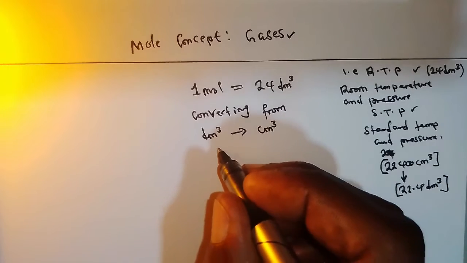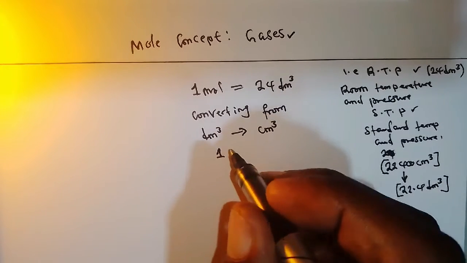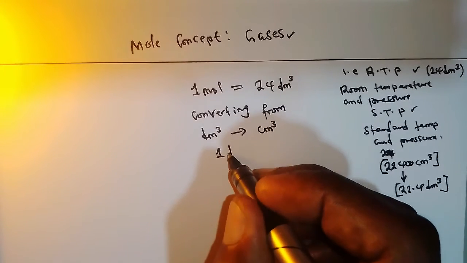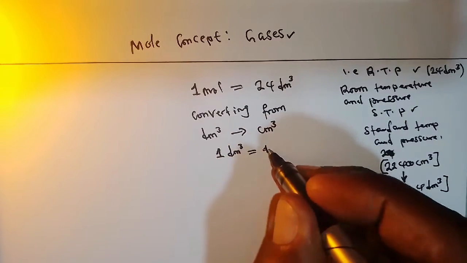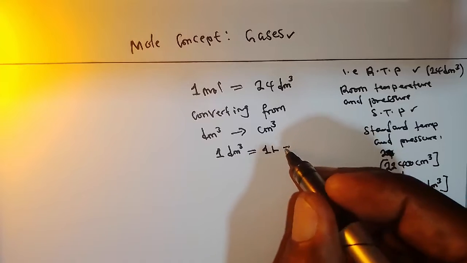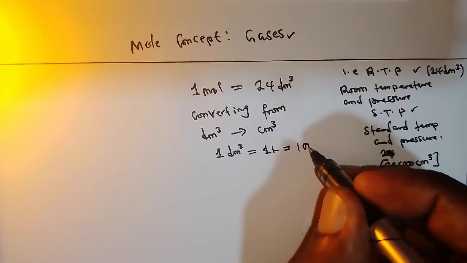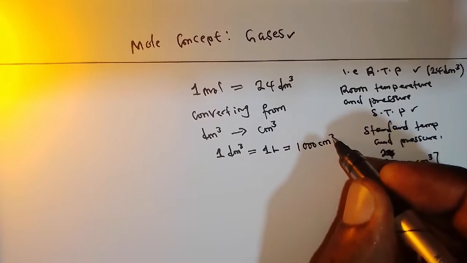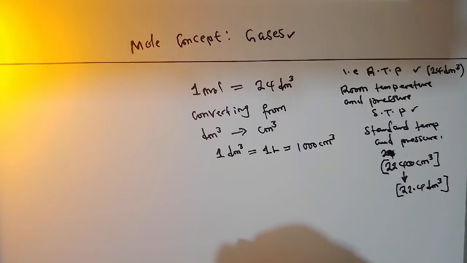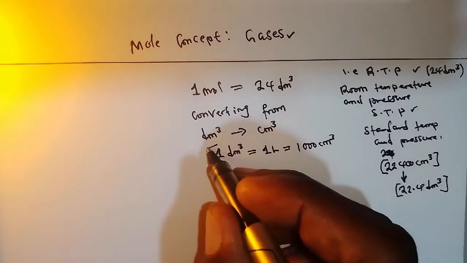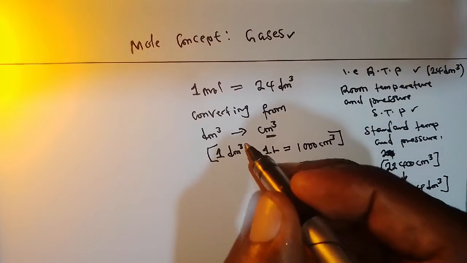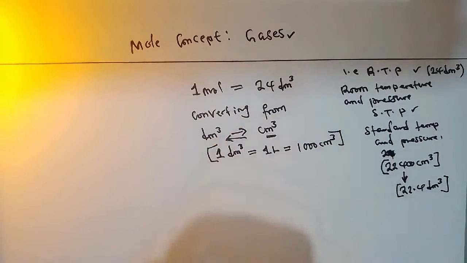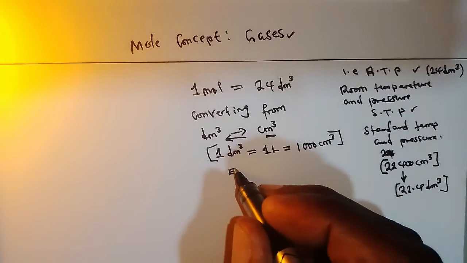What you know is one decimeter cubic is the same as 1 liter, which is equal to 1,000 cubic centimeters. So always ensure that when you're putting volume in cubic centimeters, make sure you take it back to the standard unit.